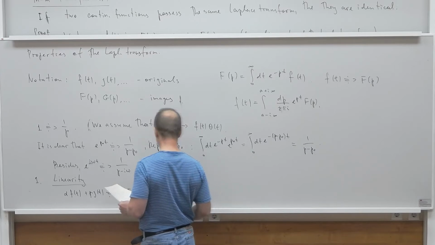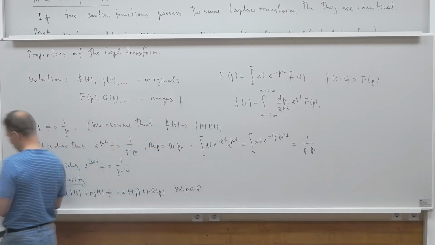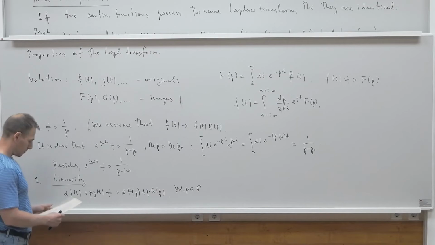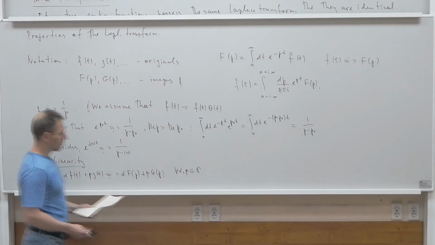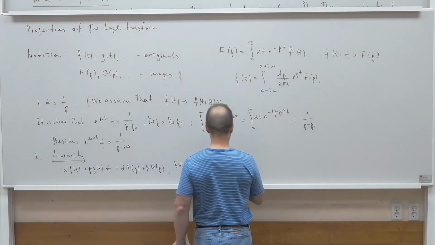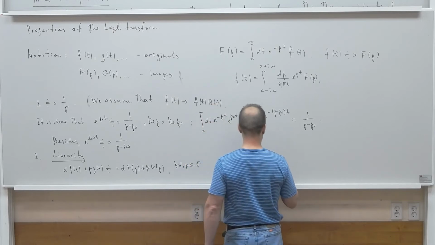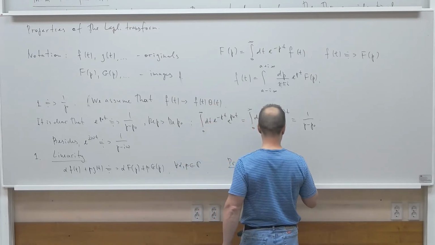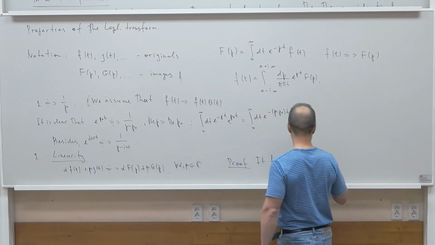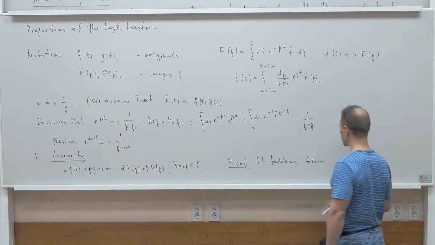Alpha and beta are arbitrary complex constants. It follows from the properties of the integral.